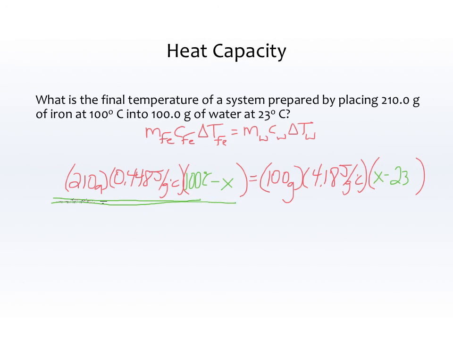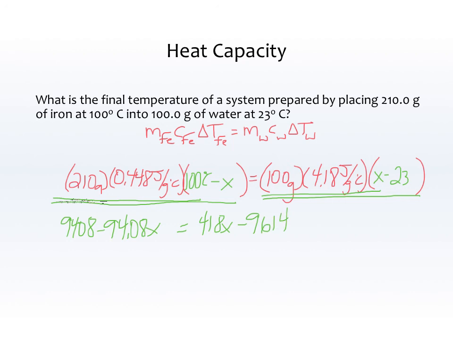And I end up with 9408 minus 94.08x. On the other side, it'll be 100 times 4.18 times x, and then 100 times 4.18 times negative 23. So I have 418x minus 9614.